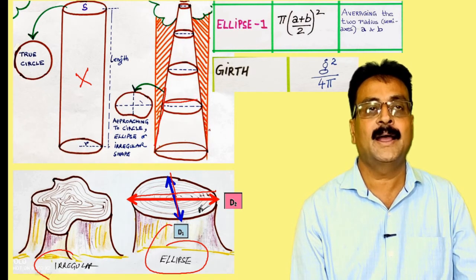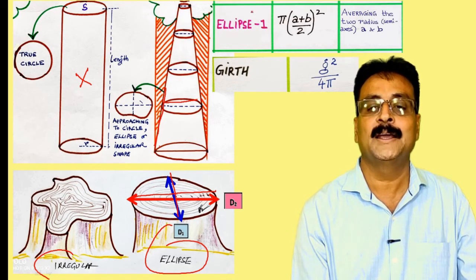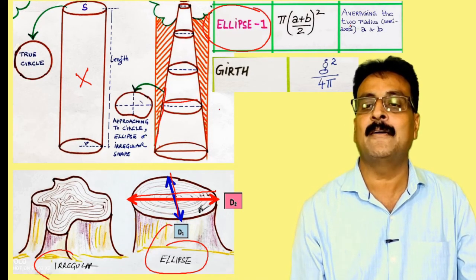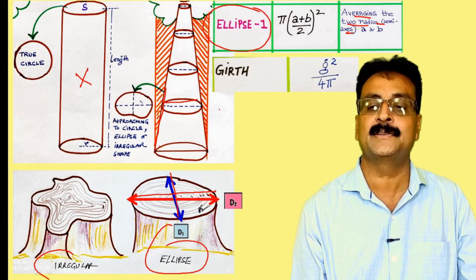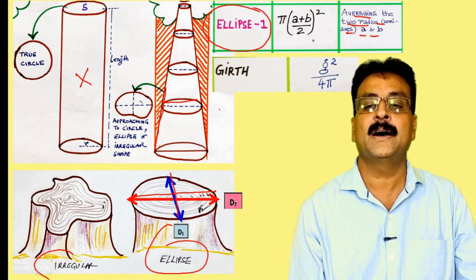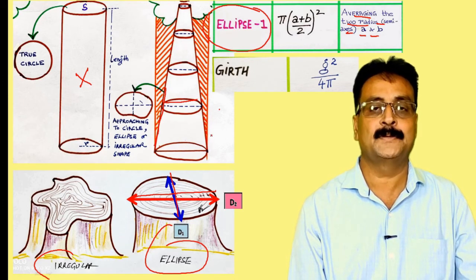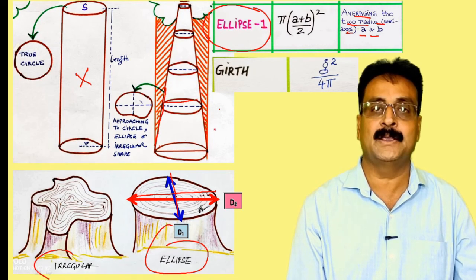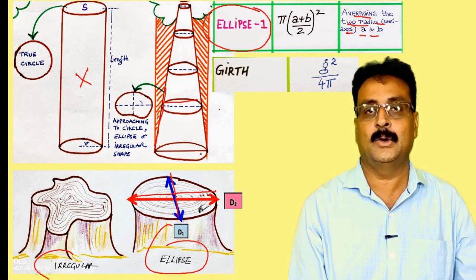So as the calculation and summary, we have come to the conclusion that the ellipse 1 method is better, because averaging the two semi-axis radii, A and B, gives us a result nearer to the true ellipse, if we take care of the precautions, with the caliper taken at a right angle only.